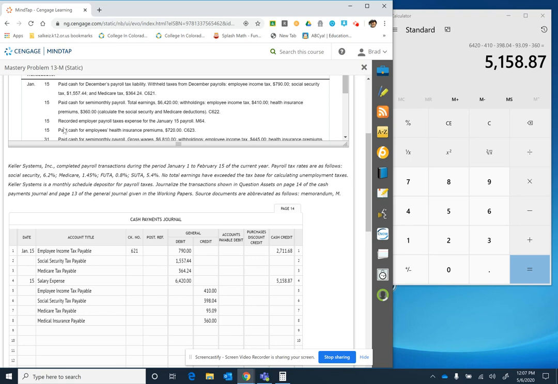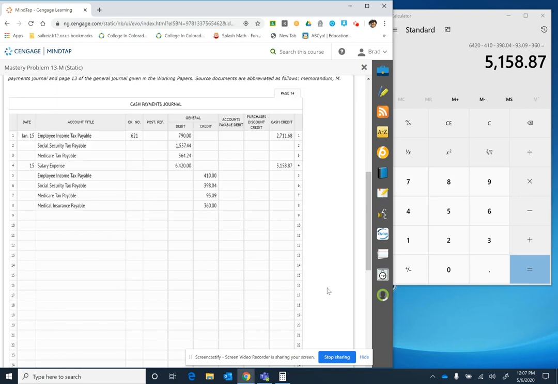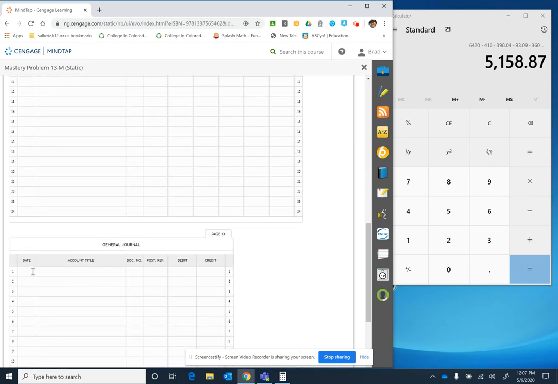Okay, so the next thing we've got here is to record our employer payroll tax expenses for the January 15th payroll. So right here in our payroll, we need to record that we're withholding these amounts down in our general ledger. So let's record that.